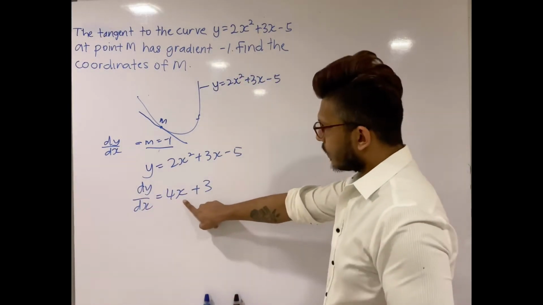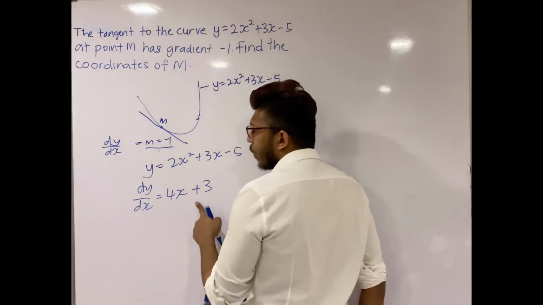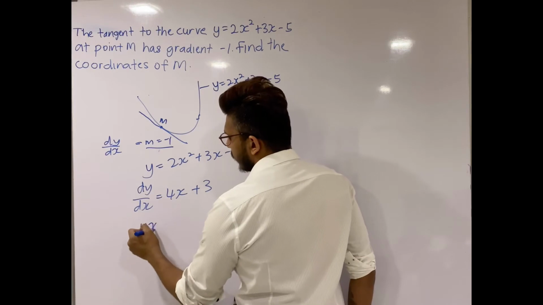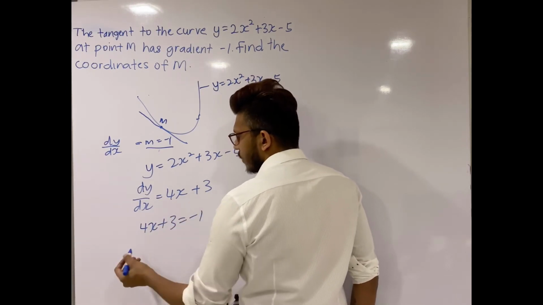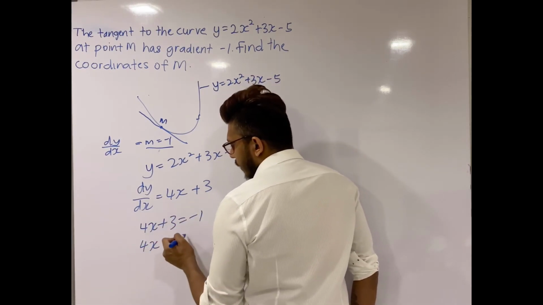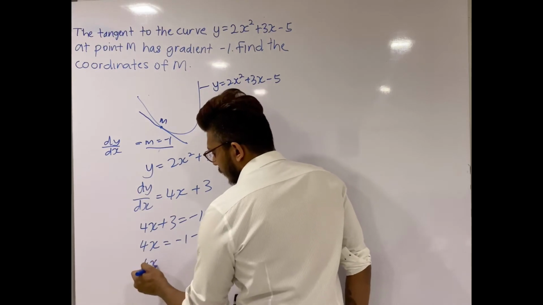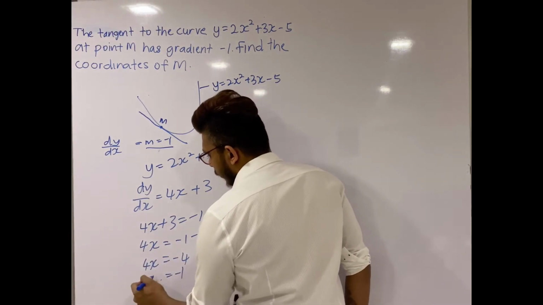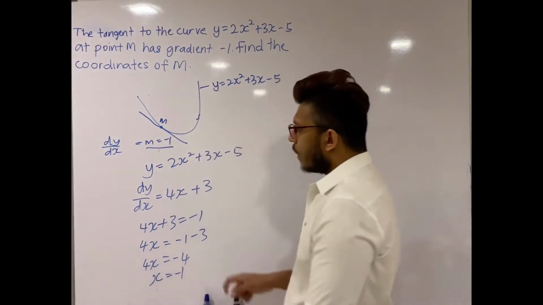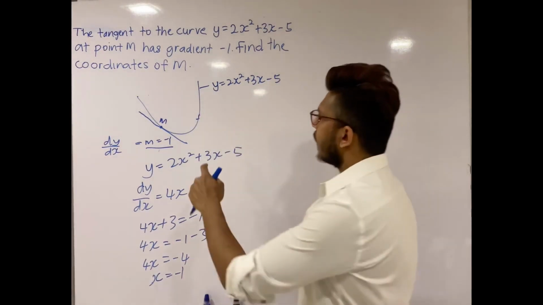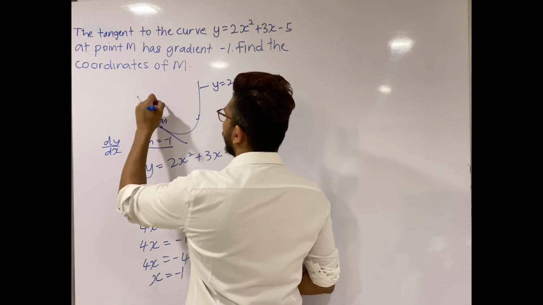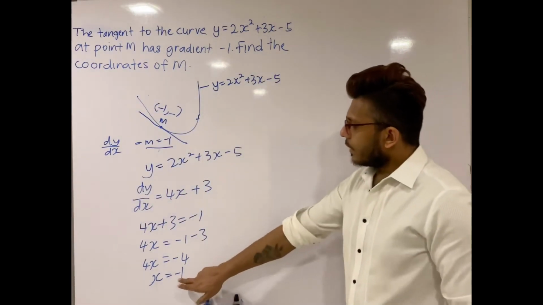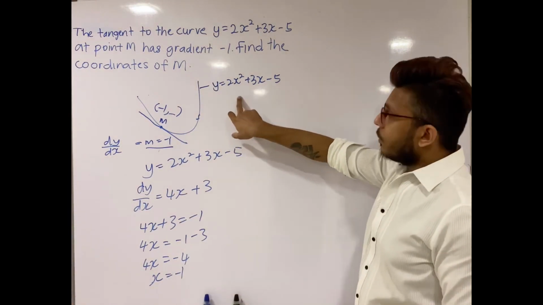Now we don't know the x value, but what we know is that the gradient dy/dx is -1. So 4x + 3 = -1. From here we can find x. x is -1. So now that we know our x, we already found the x coordinate of this point. We know it's -1 and something. We don't know the y. How to find that is, take the x value, substitute into the actual equation.